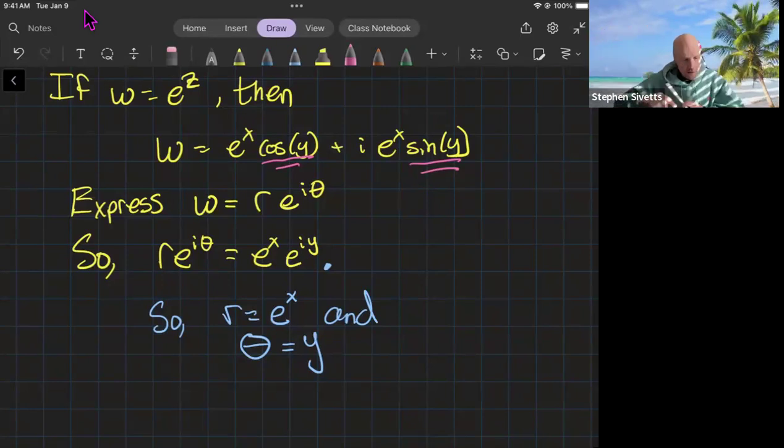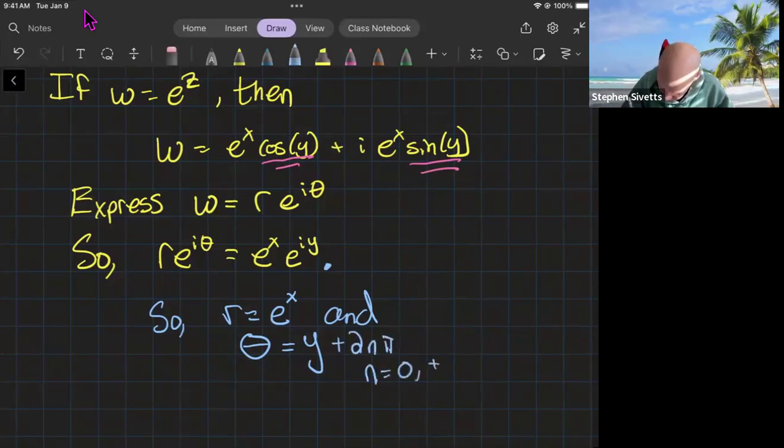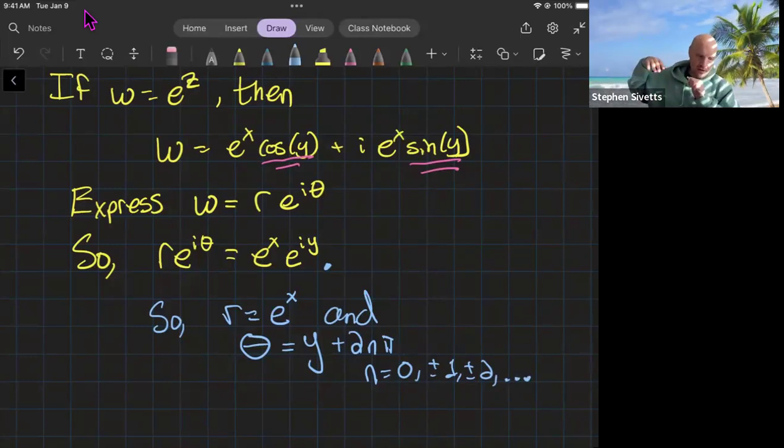So theta could equal y plus 2n pi, for n equal to 0, plus or minus 1, plus or minus 2, any integer. If we add to y a multiple of 2 pi, we get the same result for cosine of y and sine of y.